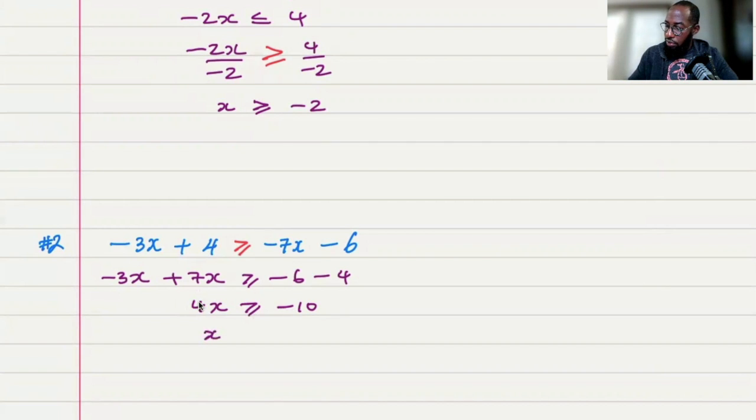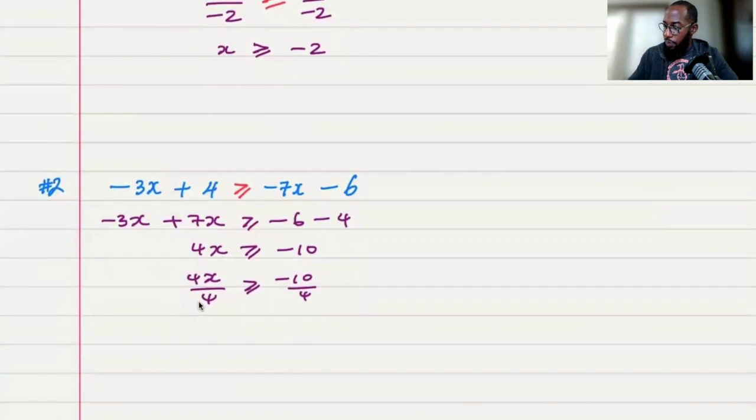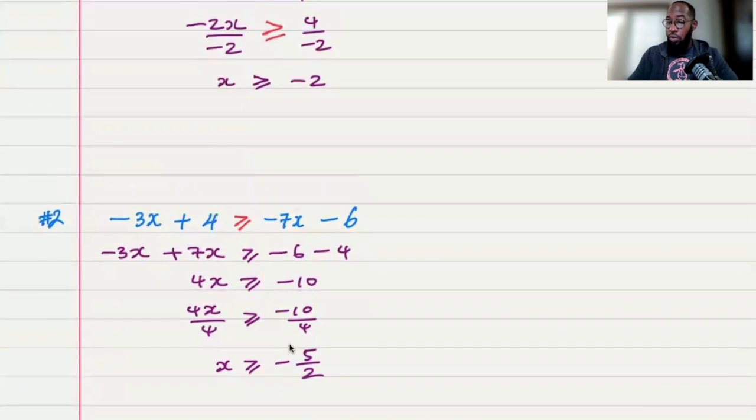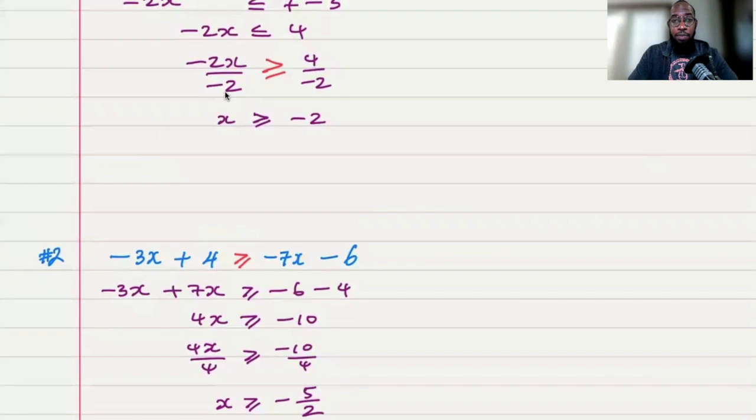So we have 4x over 4 is more than or equal to negative 10 over 4. X is more than or equal to negative 5 over 2. So this here is your answer. When you're dividing by a positive number, the sign remains the same. Only when you're dividing by a negative number, the direction of the sign changes.